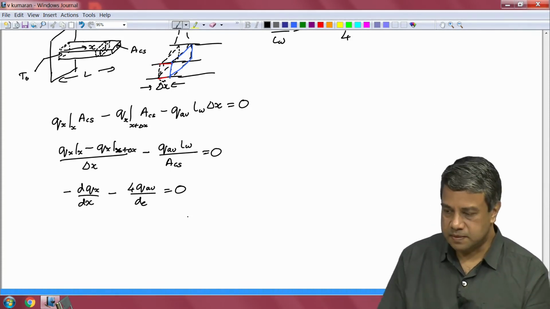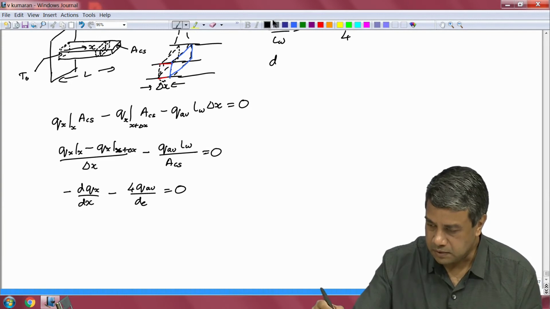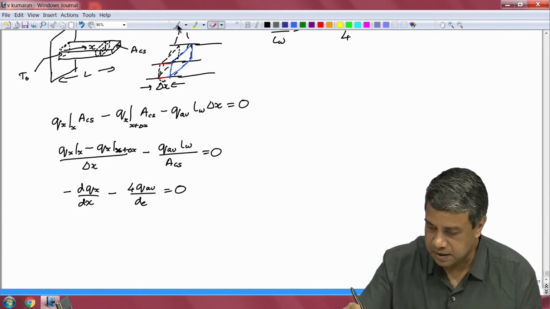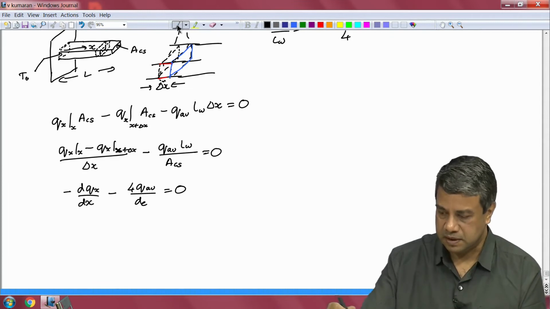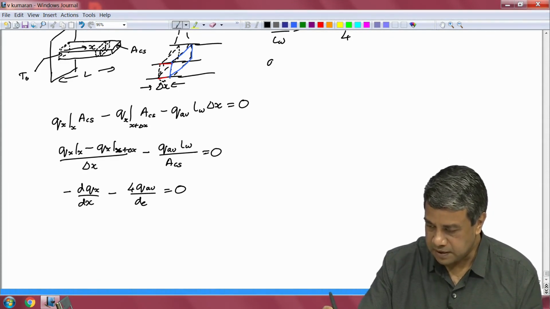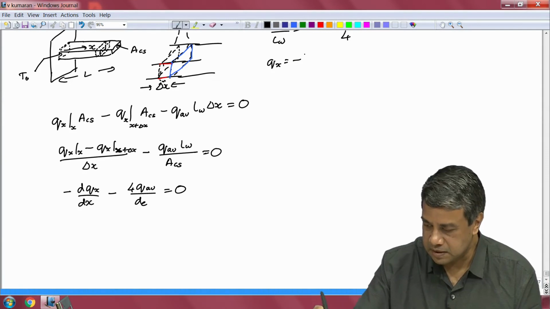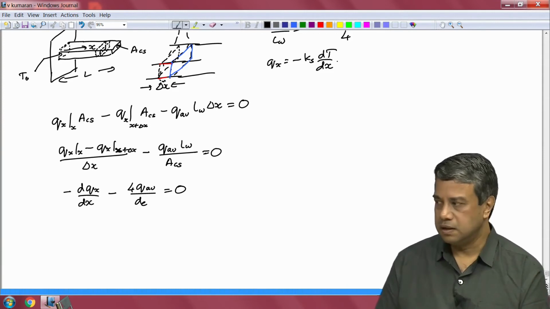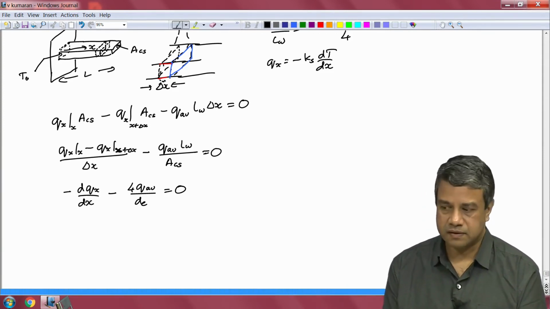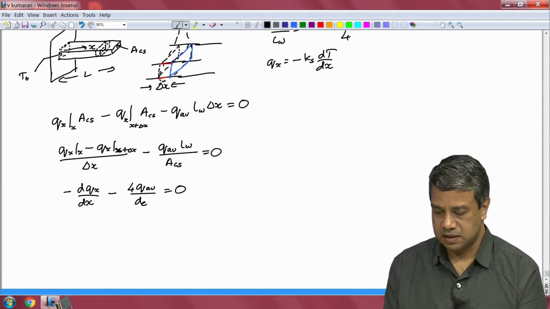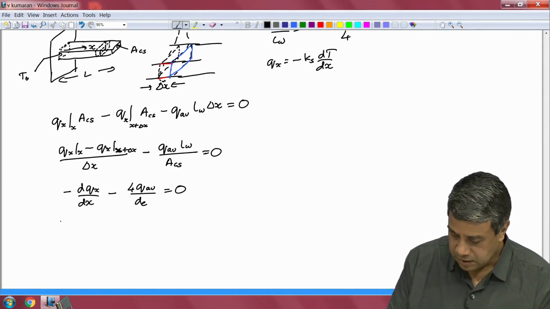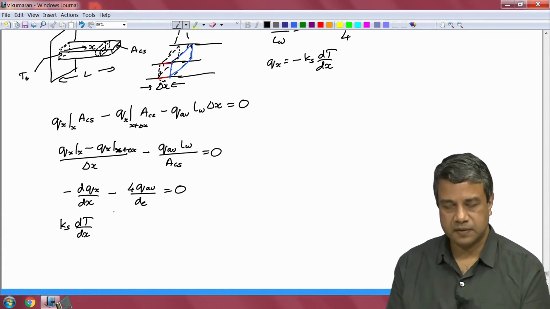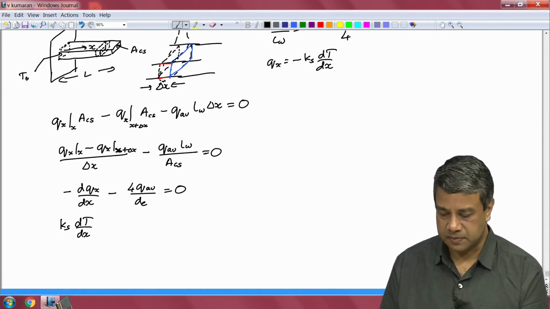For the first term, I can substitute Fick's law, because the heat transfer is taking place by conduction within the film. So, Fick's law is that qx is equal to minus the thermal conductivity of the solid times dt by dx. Therefore, this is k solid dt by dx, with a plus sign because the flux is proportional to the negative of the temperature gradient.